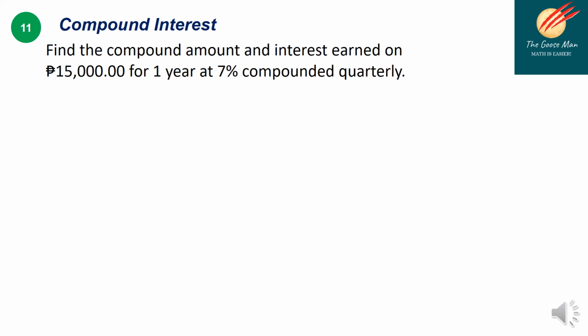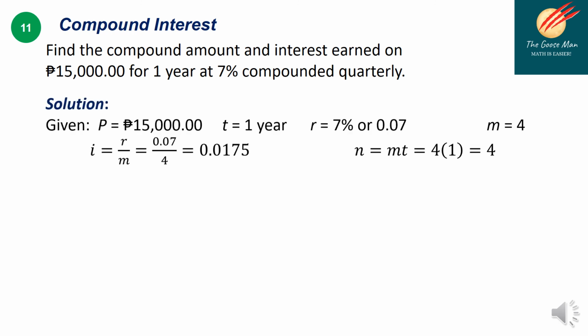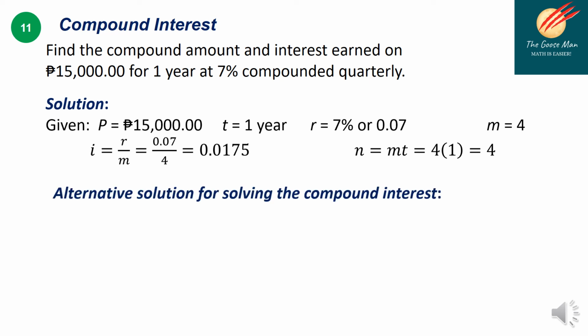Again, if we utilize the shorter way to solve this compound interest, take note that the givens are actually the same. The formula is compound interest is equal to the present value times 1 plus i raised to n minus 1.